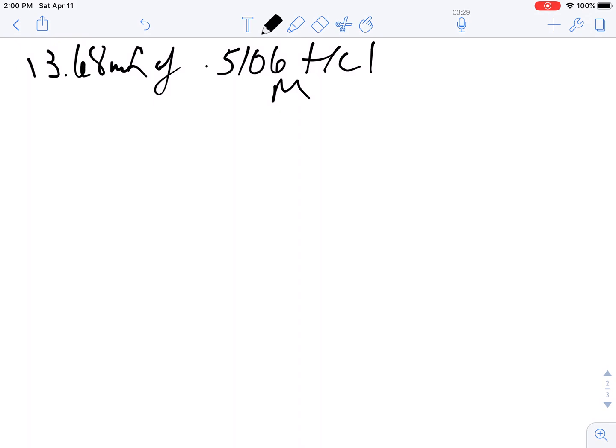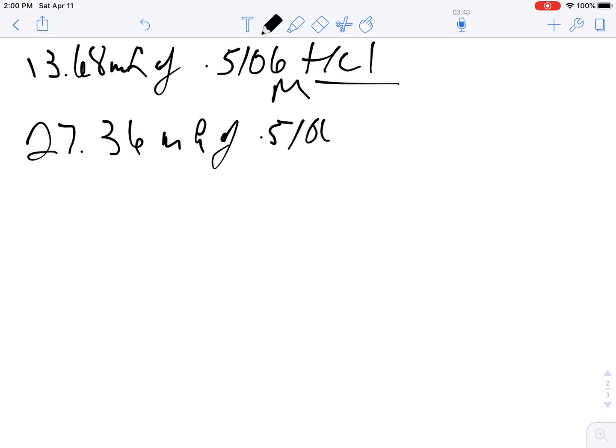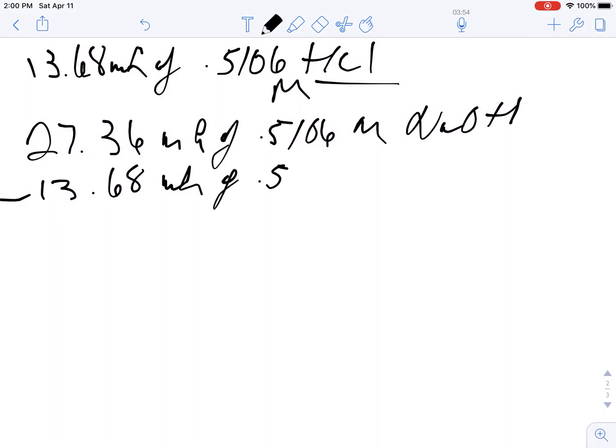Because what you can do is mentally think of the strong acid as reacting with the base. So instead of adding 27.36 milliliters of 0.5106 molar sodium hydroxide, think of it as adding this much minus however much of the HCl you added.